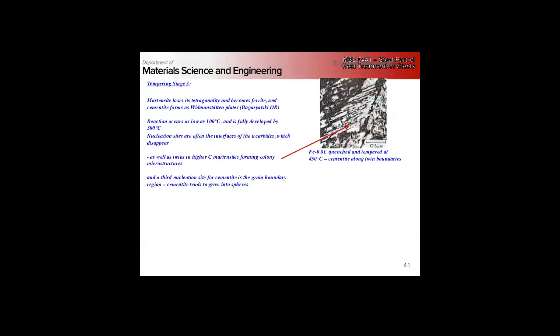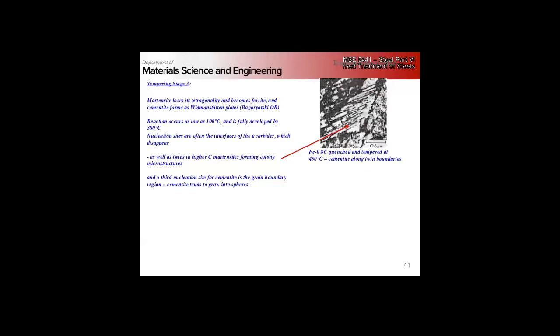In stage 3 tempering, we have ferrite, and depending on the temperature, we may have missed the bainite transformation before, and if that's the case, now we grow Widmanstatten ferrites.